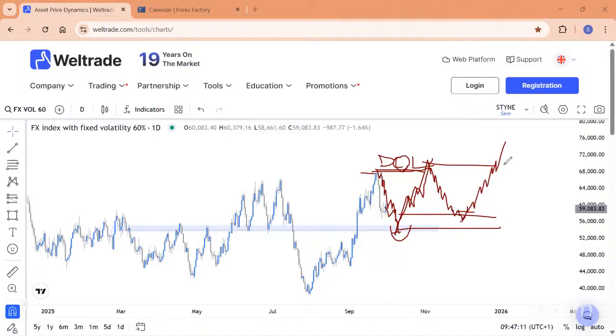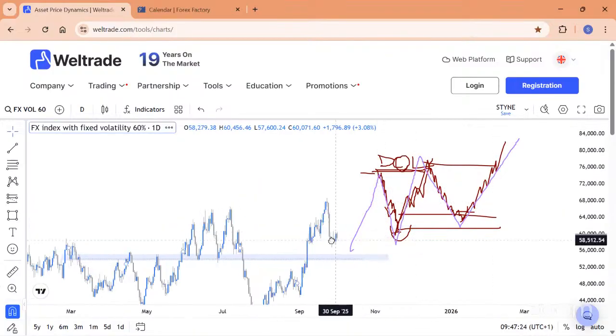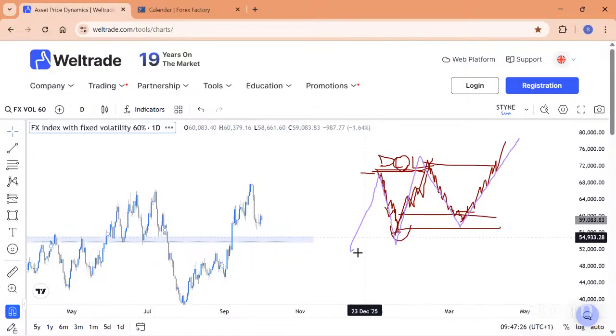And then if I want to draw, you'll see that this is the law of basic market structure. Can you see? So that's that. At the end of the day, what are we doing? We are having a high, a low, a high, a higher low, a higher high, a higher low, and a higher high.